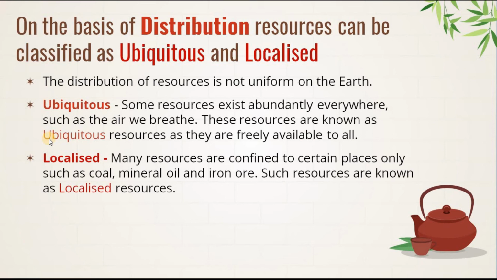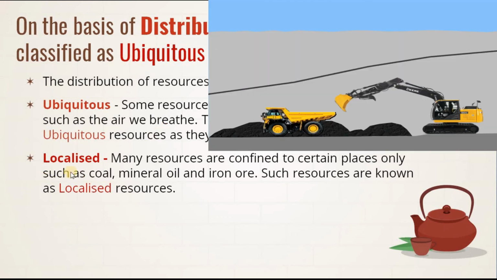The resources which are present on earth abundantly are known as ubiquitous resources. Localized resources, students: many resources are confined to certain places only, such as coal, mineral oil and iron ore. Such resources are known as localized resources.